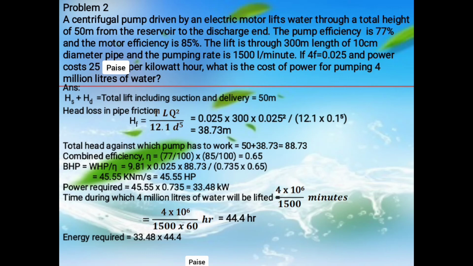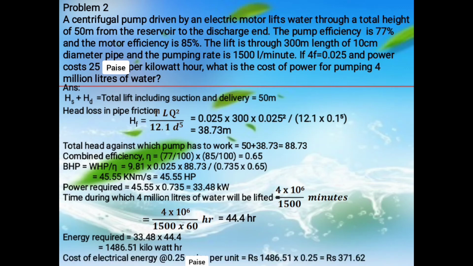Then energy required is equal to total power required, that is 33.48 into time, that is 44.4, that equal to 1486.51 kilowatt hour. Then for 1 kilowatt hour, the cost of power is 25 paise.